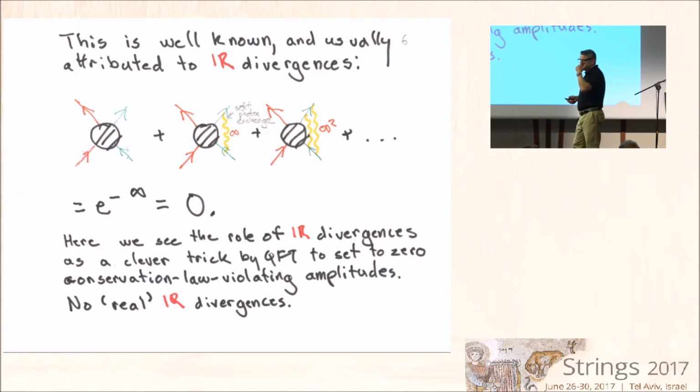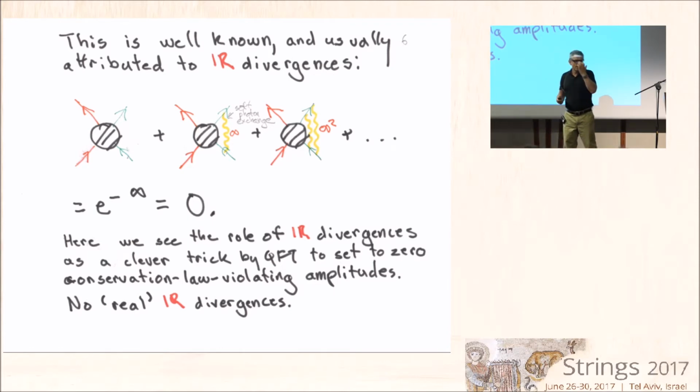So what I'm advocating here is that the role of infrared divergences in QED is this: if you try to compute something that is forbidden by the conservation laws, QFT is much cleverer than you, and it will set that amplitude to 0 by introducing infrared divergences, which just shut it down.